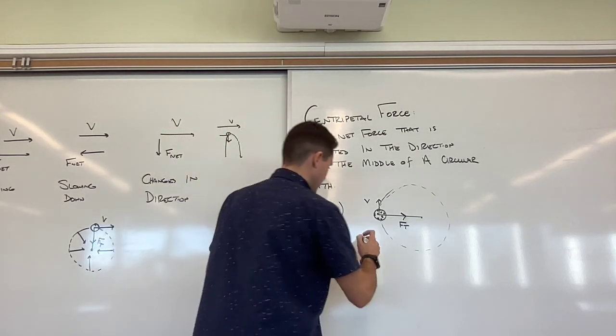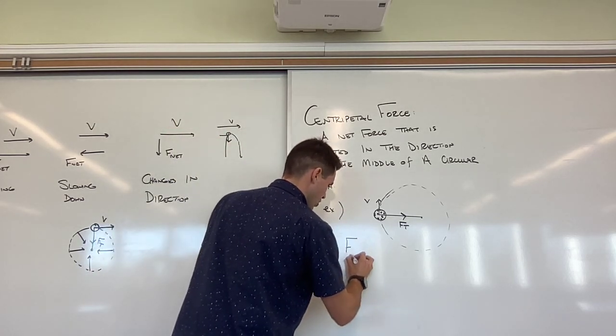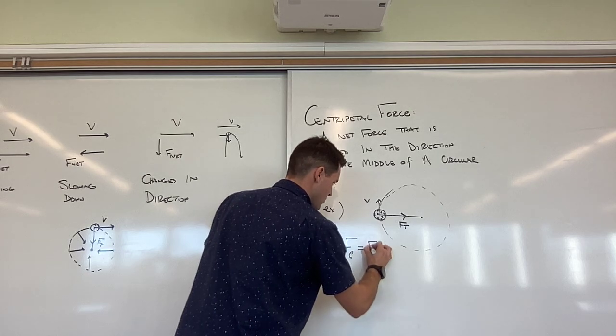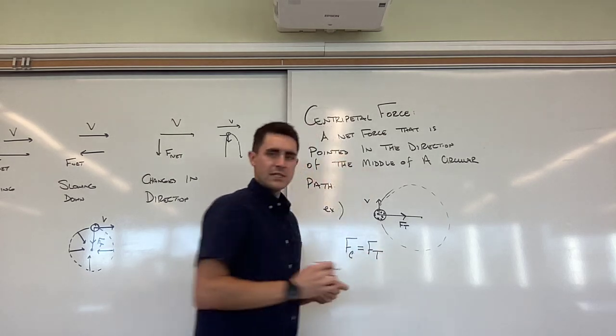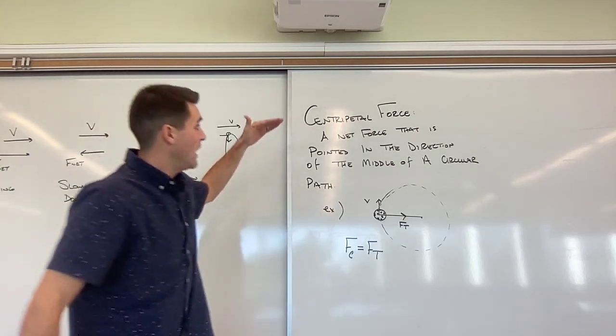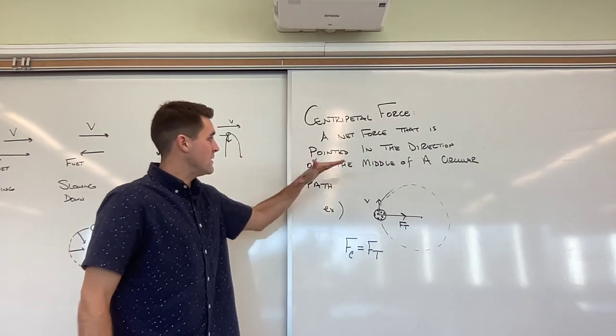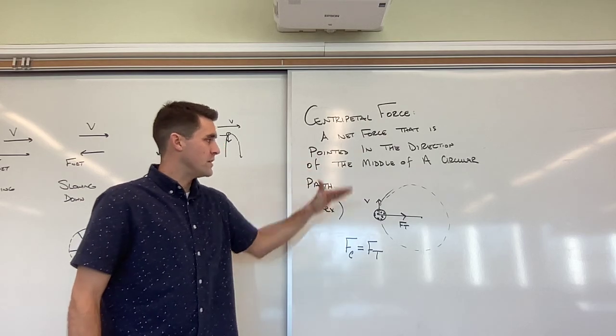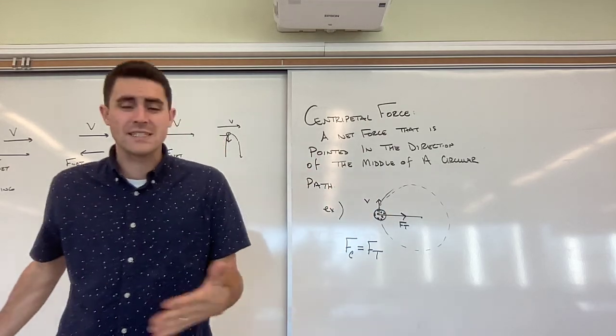So in our case, I would have said the centripetal force is equal to the tension force in this case. Those would be synonyms because the tension force is a net force that is pointed in the direction of the middle of a circular path. This is what we would call a centripetal force.